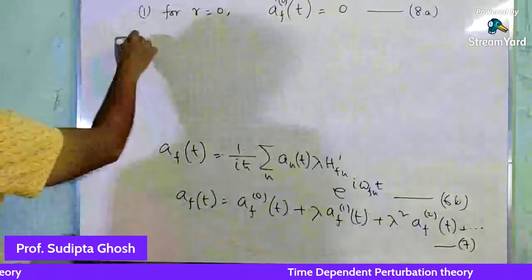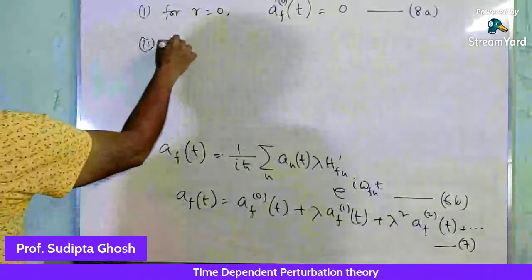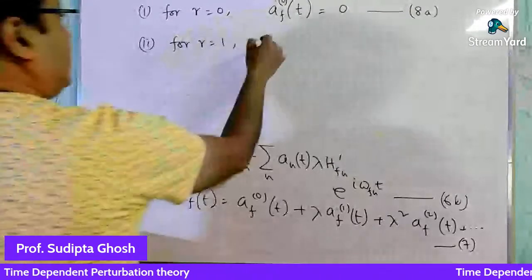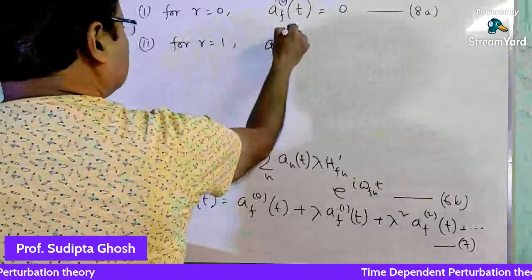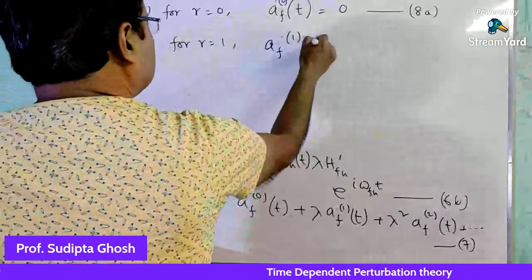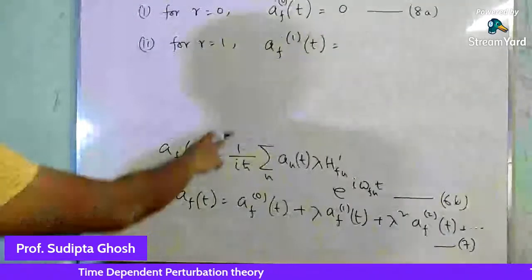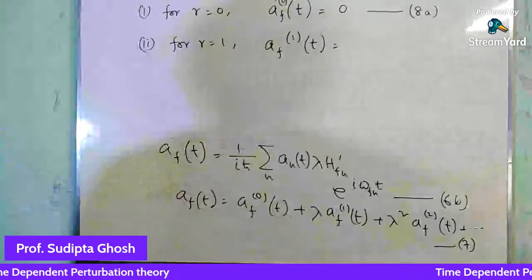Next, for r equals 1, by putting r equals 1, a_f dot 1 will be (1 by i h-cut), that is (i h-cut) to the power minus 1.